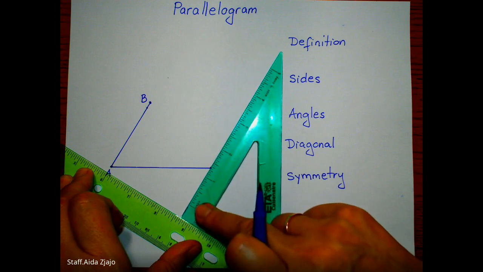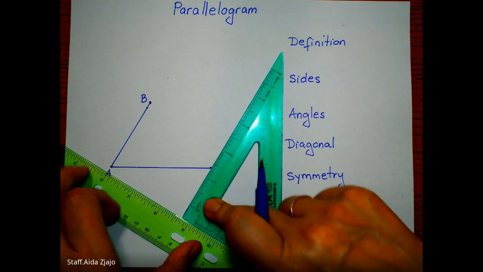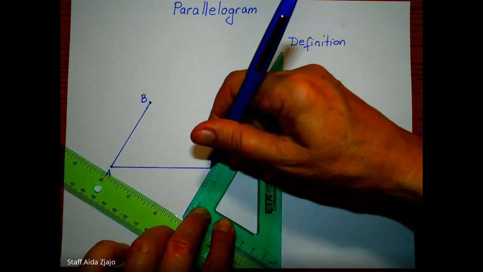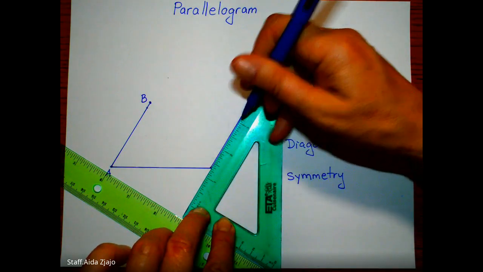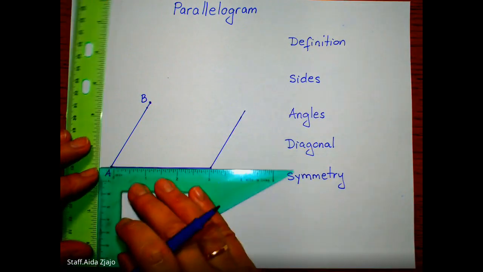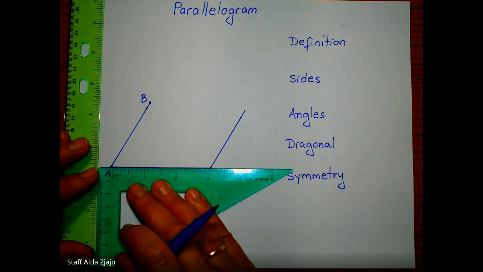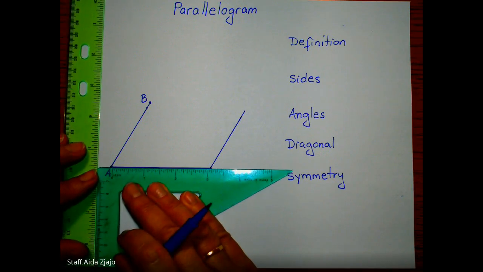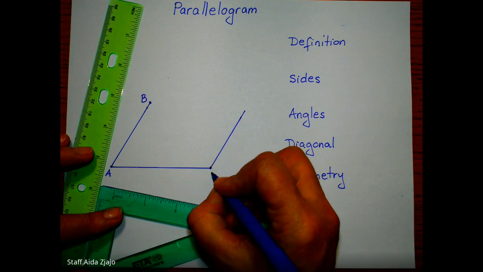down all the way to point D, and then I will make a parallel AD segment. This is going to be the D point.